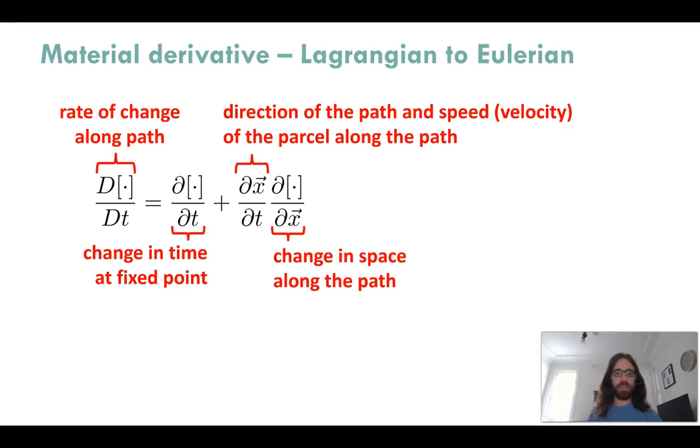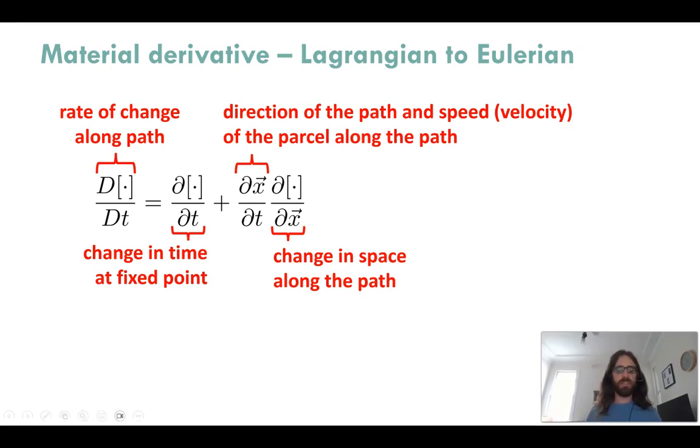The first is how is the flow changing in time if you consider a fixed point in space, and that's what's given by this middle term here. And the second contribution is how is the flow changing in space if you consider a fixed point in time. So now you are considering the change along the path in the sense of both space and time.